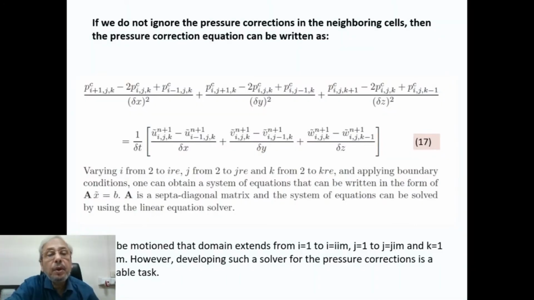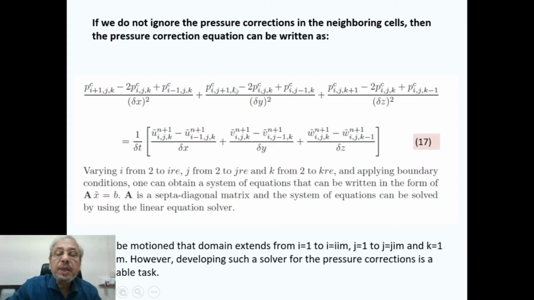If we do not ignore the pressure corrections in the neighboring cells, then the pressure correction equation may be written as P'(i+1,j,k) minus twice P'(i,j,k) plus P'(i-1,j,k), divided by delta x square.